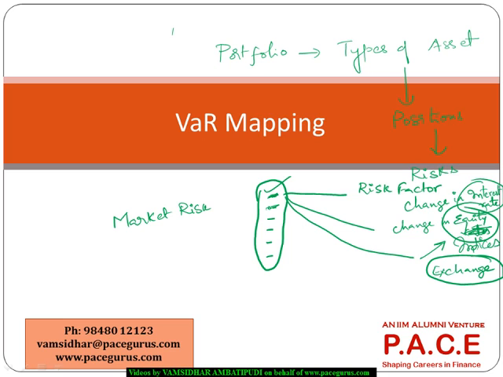So typically we are taking the different positions and trying to map these positions with respect to the various risk factors. These are what we are calling the risk factors.